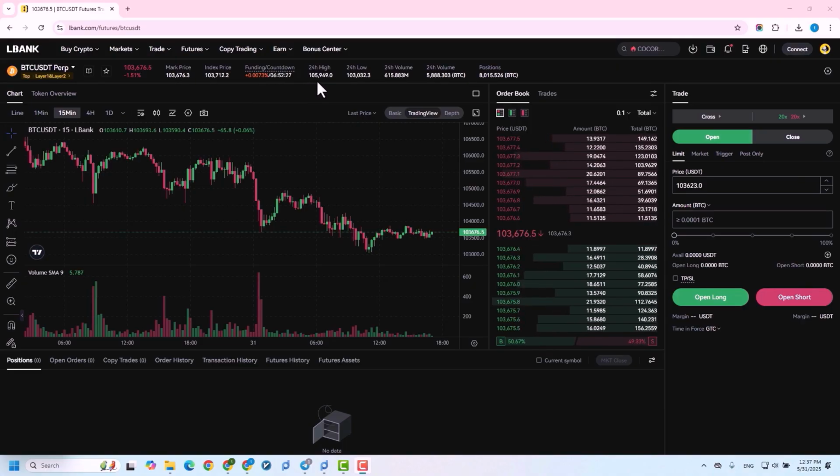In the 24-hour section, the high and low, meaning the highest and lowest daily prices, are displayed for you. In the next section, you can see the daily trading volume in terms of Bitcoin and USDT, and in the position section, the amount of open positions or open interest in the market is displayed for you.